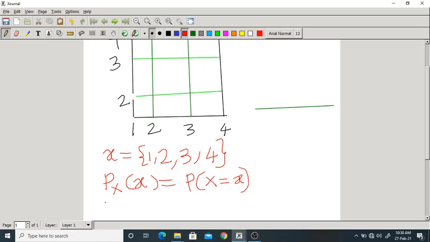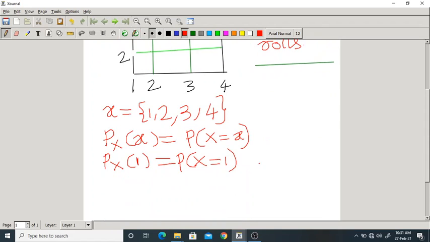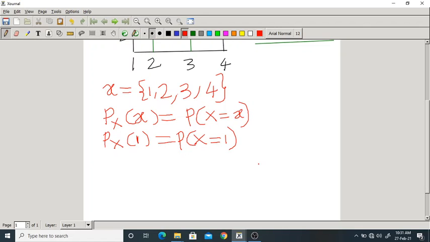Now if I ask you what is the probability that small x equal to 1, which means probability that capital X equal to 1, what is the capital X defined as? Let me write here. The capital X is defined as the maximum roll, maximum of 2 rolls. Now I'm asking what is the probability that the maximum roll is 1.